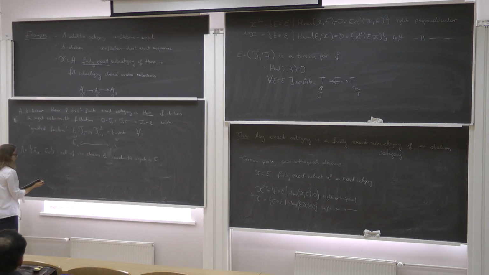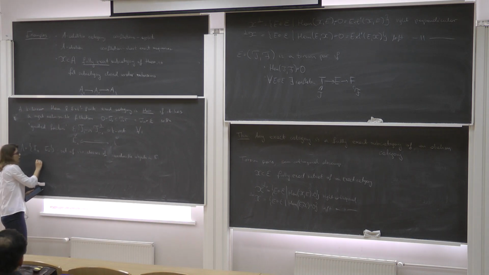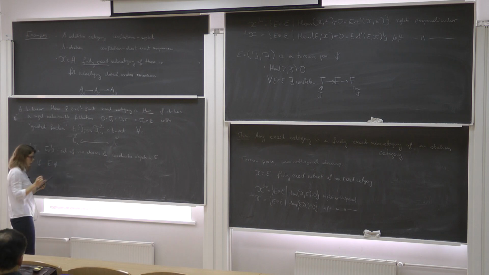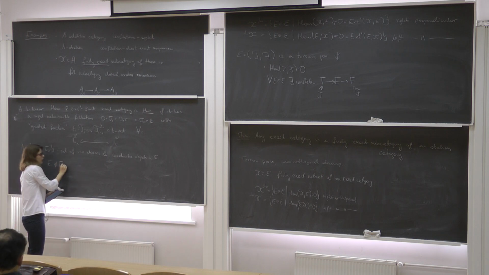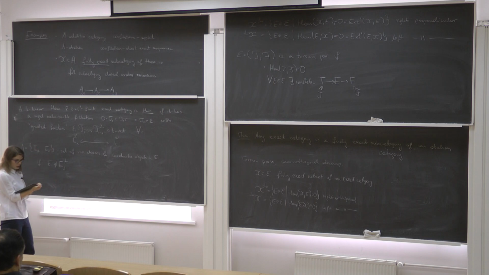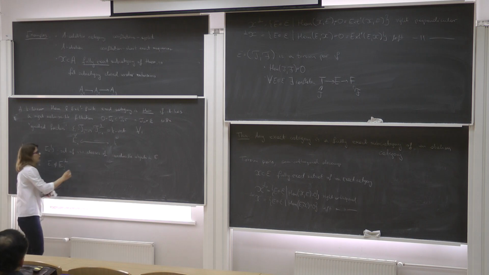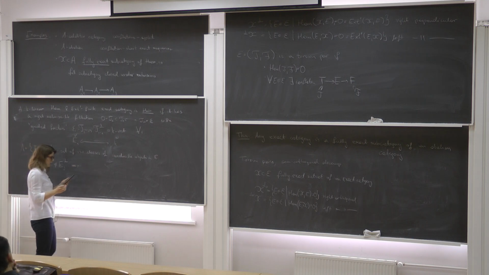So we just say that if Ei is not in Ej perpendicular, meaning there is a morphism from Ej to Ei or an Ext1 from Ej to Ei, then i is less than j.